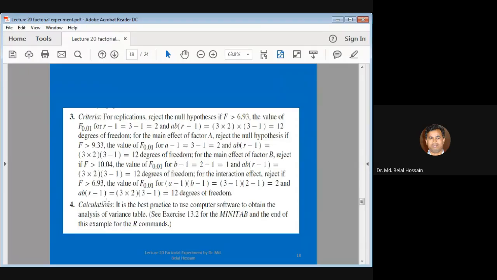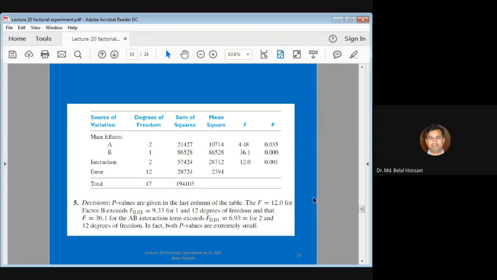Okay, so it is best practice to use computer software to obtain the analysis of variance, because you have to test 3 different possible level combinations. Calculating by hand is a bit difficult, but if you use software you can get the degrees of freedom, sum of squares, and mean sum of squares easily.